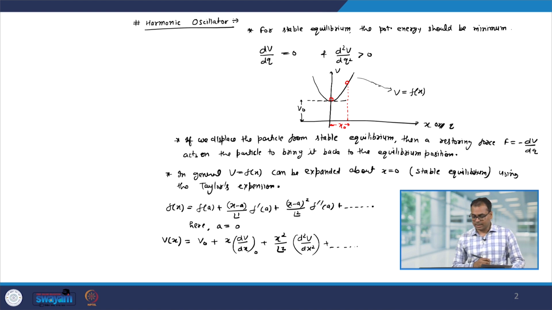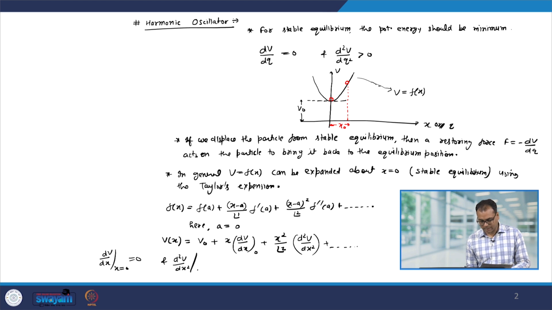Now, as I already said that for the stable equilibrium your dV by dq has to be 0. So, herein you have dV divided by dx at x equal to 0, because that is where I have the stable equilibrium. So, therefore, this has to be 0 and d2V over dx square at x equal to 0 is positive. Okay. And let us say this d2V over dx square which is positive, let us say its value is equal to k.